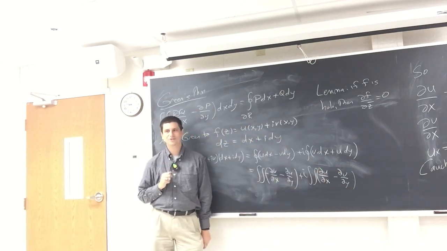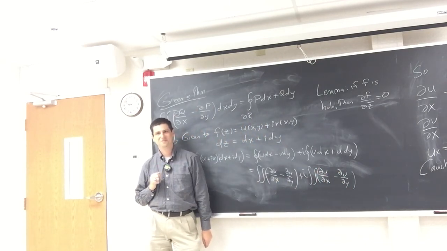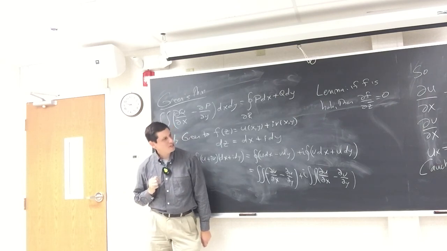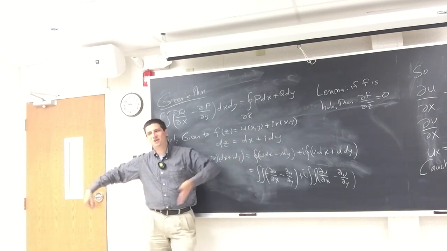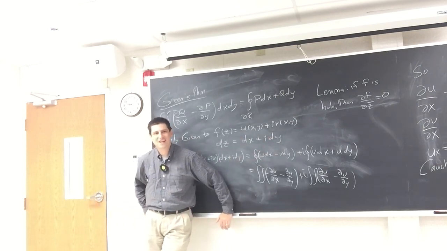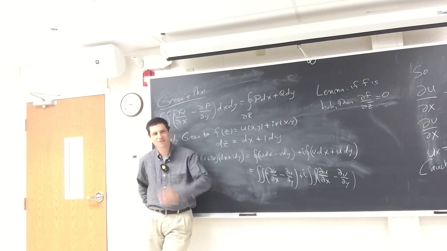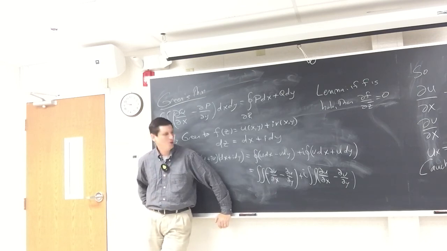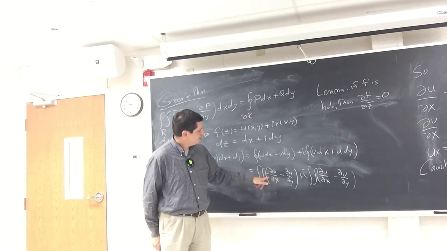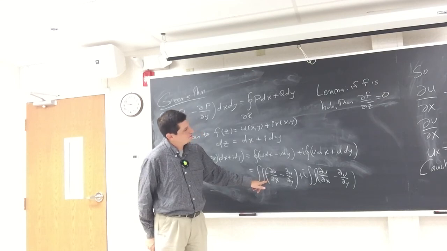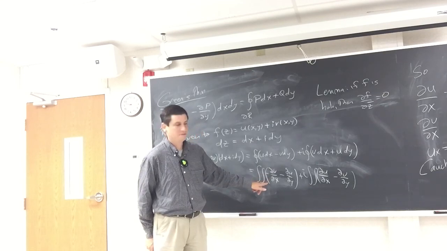Right, now what do we do? Yes, there was a reason why I've been compressing myself to this side of the board for the last, actually we can check later, 15 minutes or whatever. I want the Cauchy-Riemann equations to stay on the board. All right, what is negative dv dx minus du dy? Zero.